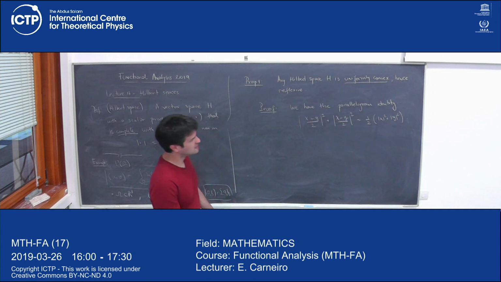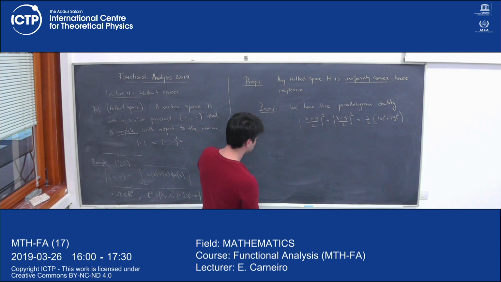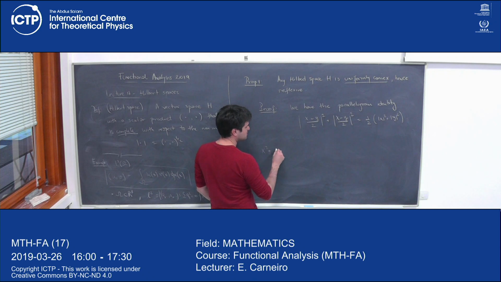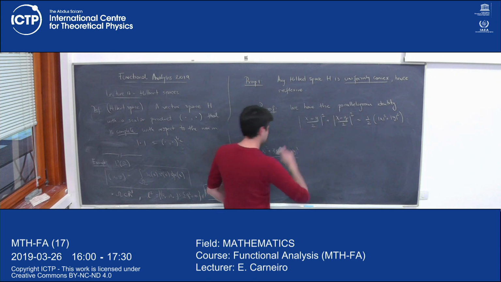Let's just do a scratch computation here. |x plus y| squared is just |x| squared plus 2 x·y plus |y| squared, divided by 4. This goes away with this minus. So you get that.